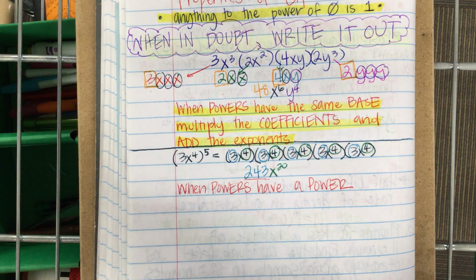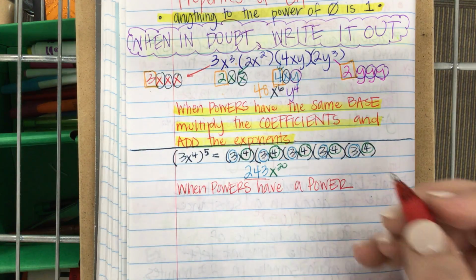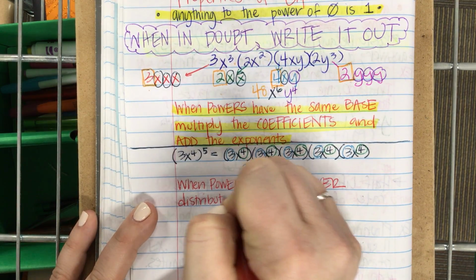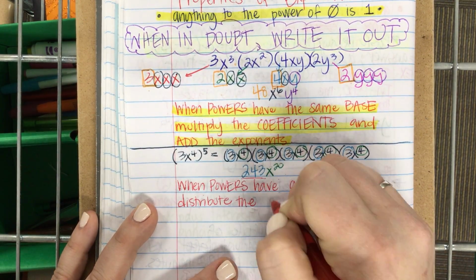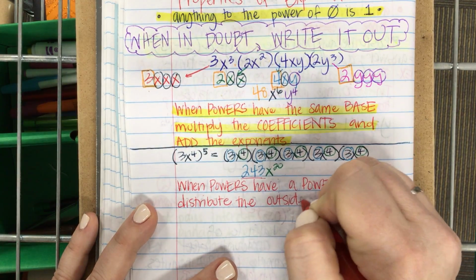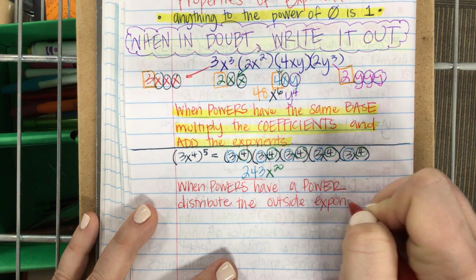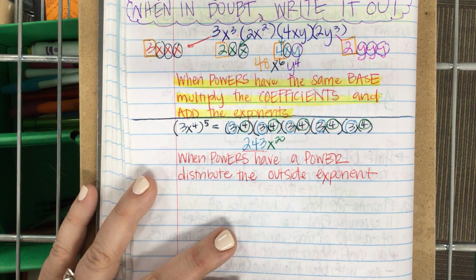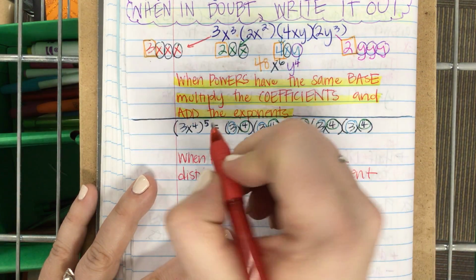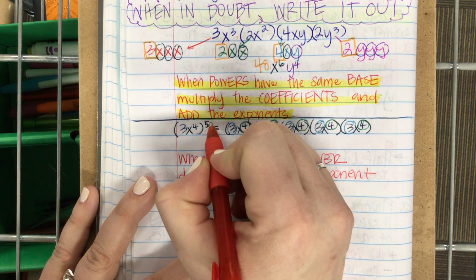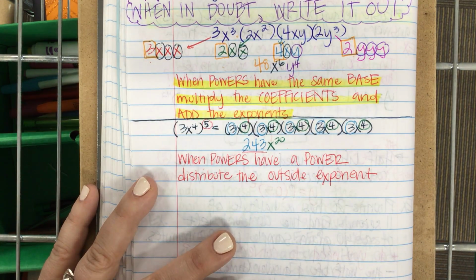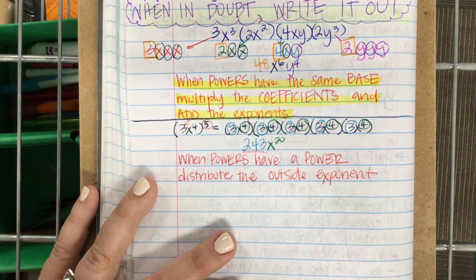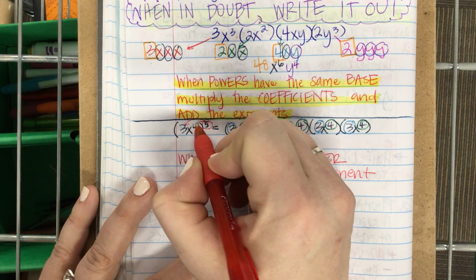When powers have a power, distribute the outside exponent. So this outside exponent, which is a 5, is going to get distributed inside to every number, correct? It's going to get distributed to the 3, and it's going to get distributed to the 4.